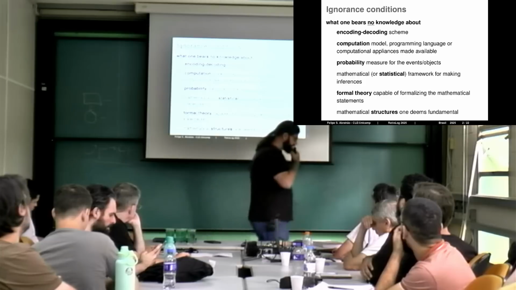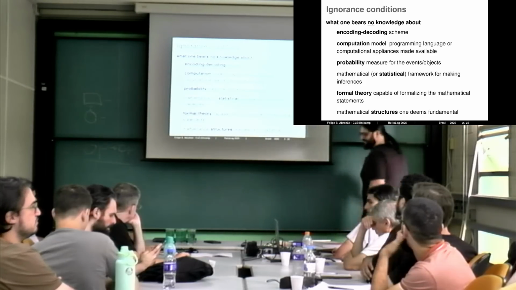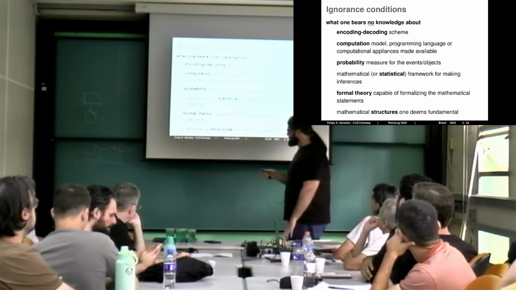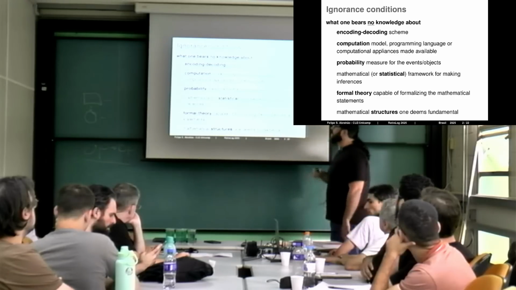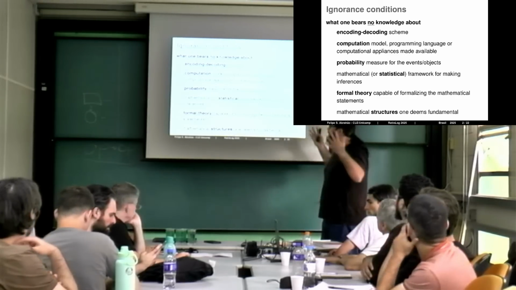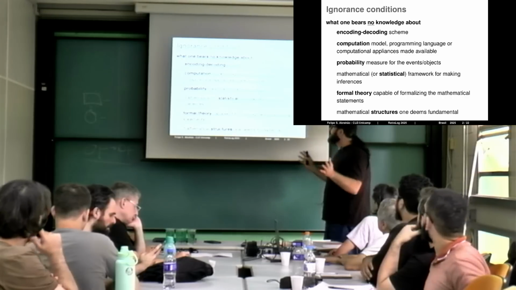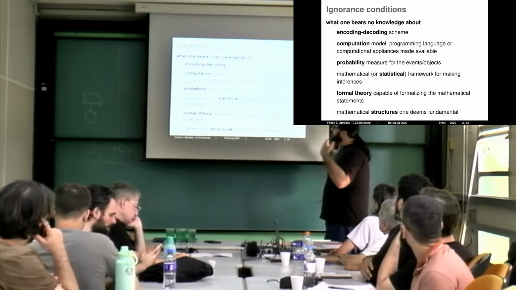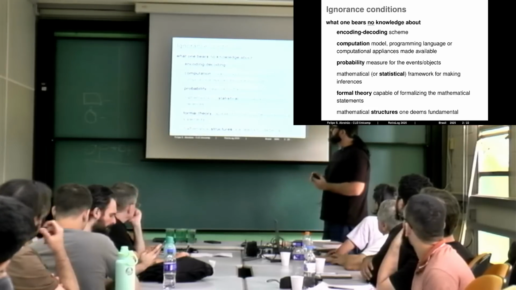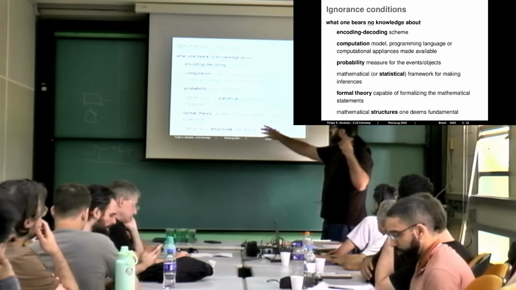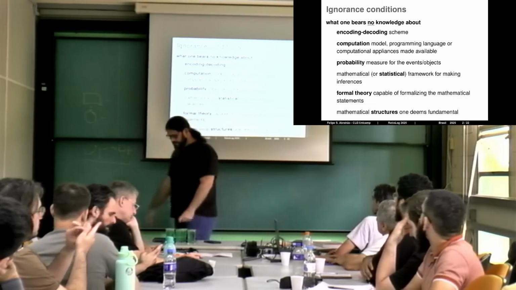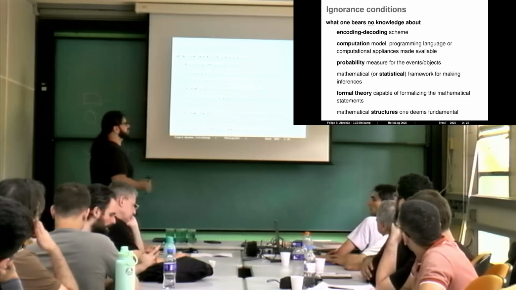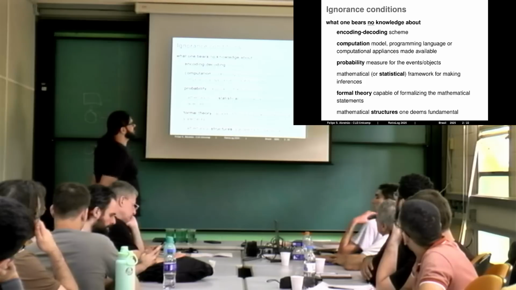To clarify what we are ignorant about. We are ignorant about a lot of things. That's why this problem seems impossible. One thing is the encoding-decoding scheme. For example, you have an encodable object, like a multidimensional array, and you have to project it into a unidimensional string, for example, to pass through a signal wave function and transmit it as a signal or electromagnetic wave.